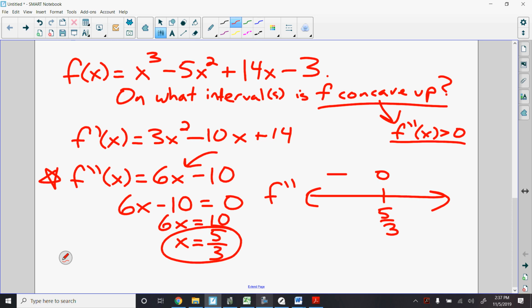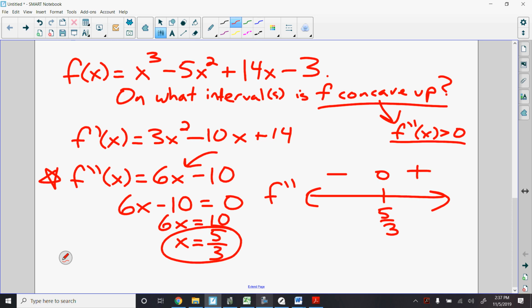So that means f double prime is negative from negative infinity to 5/3. Now I just need to test a number bigger than 5/3. So maybe 2 or 10. Let's do 10. It's even easier. Plugging in 10 for x, I get 6 times 10 is 60. 60 minus 10 is 50. That's a positive number.